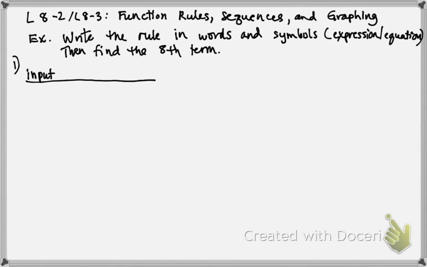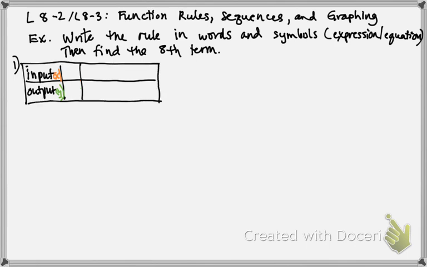Okay, so let's do input. Do this number 1. Output. And so our input is going to be what we would call X, and our output would be what we would call Y. Okay, I'm going to box this up, and let's see, we're in 1, 2, 3, 4. Okay, so here come my input numbers.